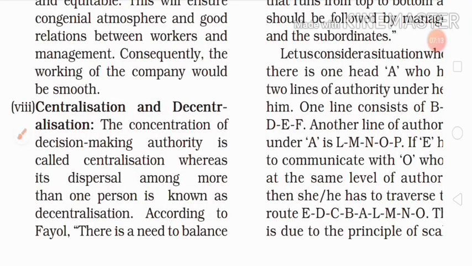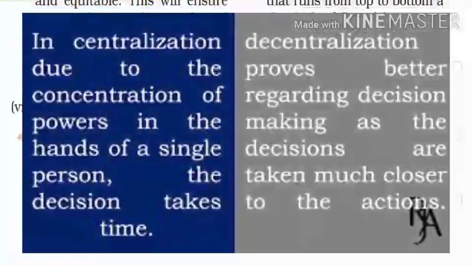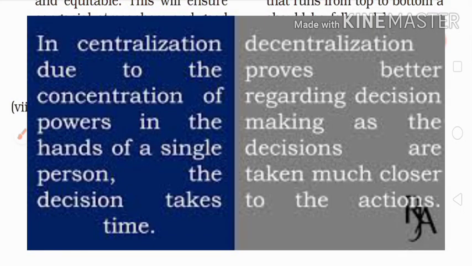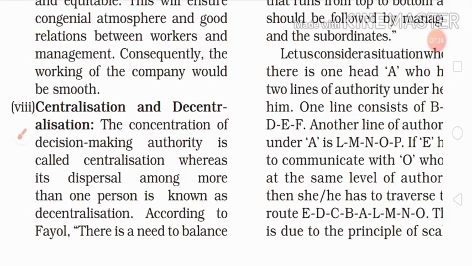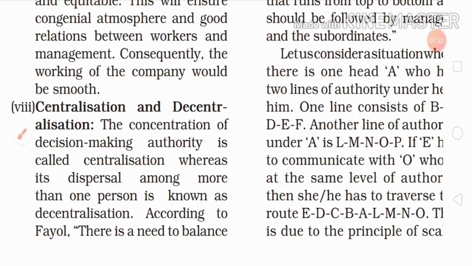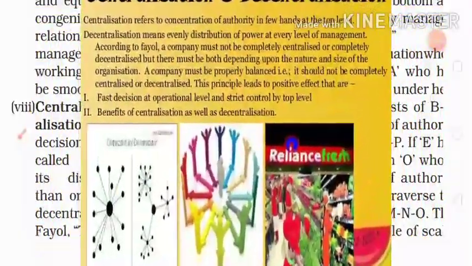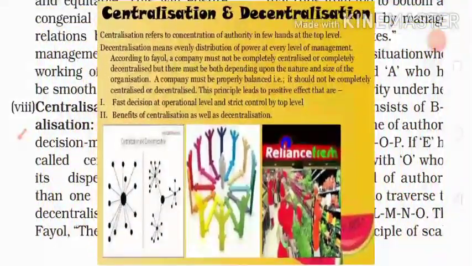Okay, so centralization refers to concentration of authority or power in few hands at the top level. Got it? And decentralization means even distribution of power at every level of management. So, according to Fayol, a company must not be completely centralized or completely decentralized, but there must be a combination of both depending upon the nature and size of the organization.